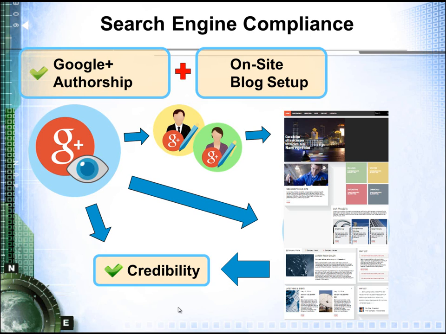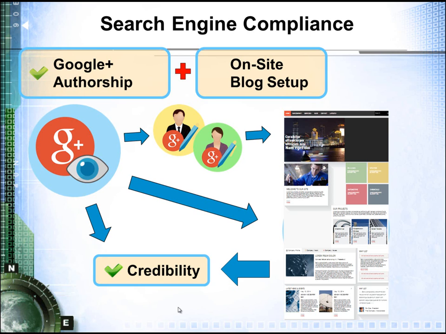So relating your website to Google directly through authorship is great, because now Google knows that on your site a person from your own business is publishing, and it's how they know who's writing what. So we establish what we call authorship on your on-site blog, so that when we make publications, Google knows that it's coming from a publisher from your company, and it gives you more credibility in Google's eyes.